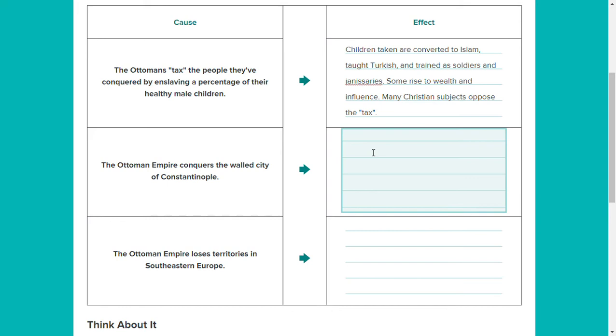Okay, so I'm going to say brought an end to the Byzantine Empire. The city was renamed Istanbul and became the Ottoman capital. Okay.